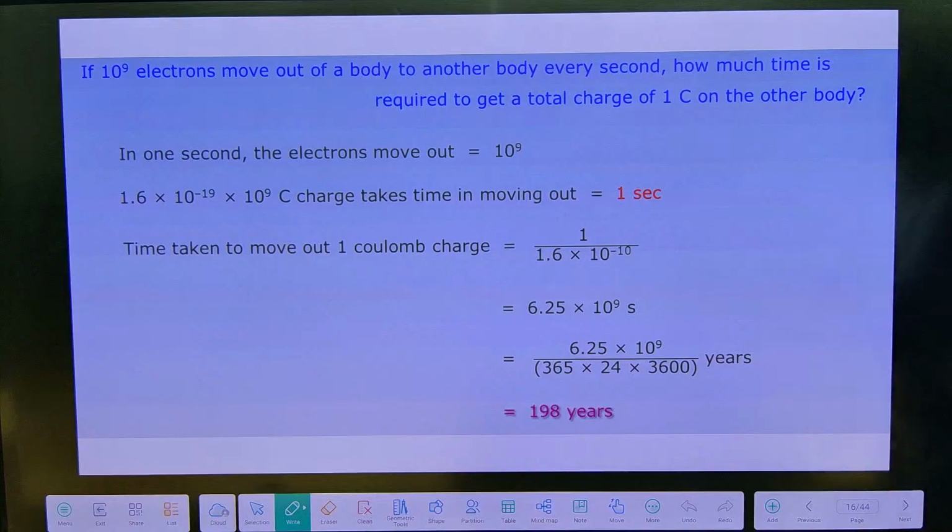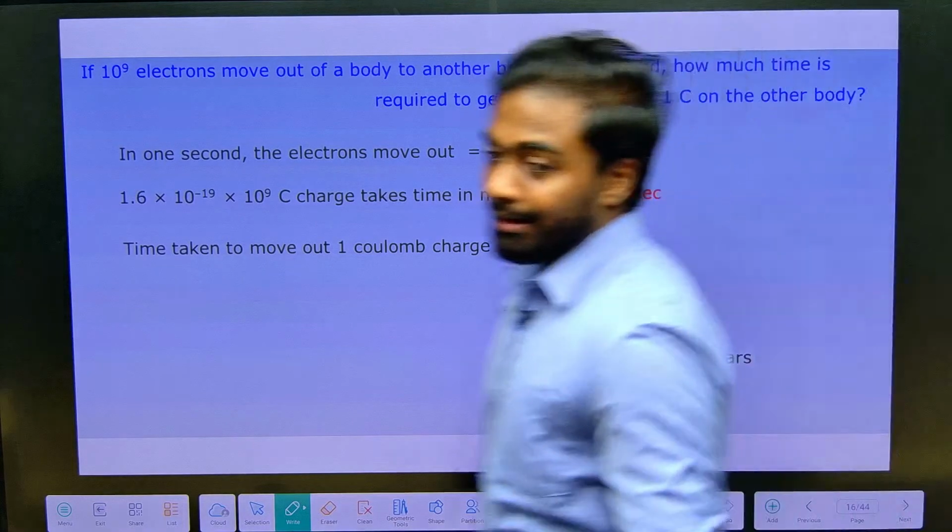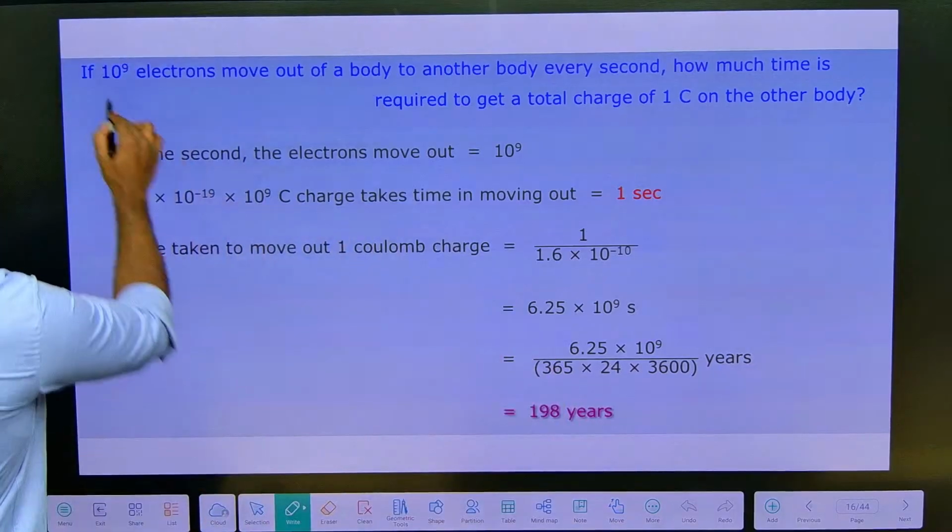So, it is 198 years. Whoever gave the value as 198, that is the correct answer. So, we will see how. In 1 second, the number of electrons going is 10 power 9.